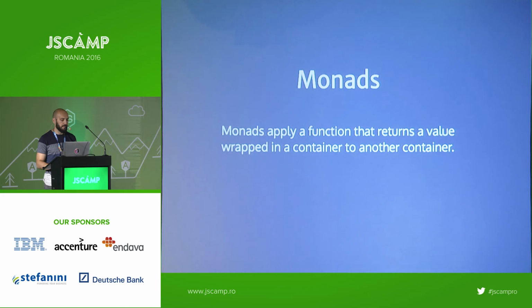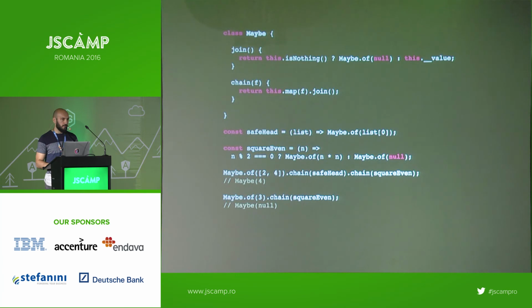The example will be very simple. Monads simply apply a function that returns a value wrapped in a container to another container. The definition is difficult, but let's look at an example. If we see the chain function, this is what defines a monad. The chain function simply calls f and then calls join, if you see.